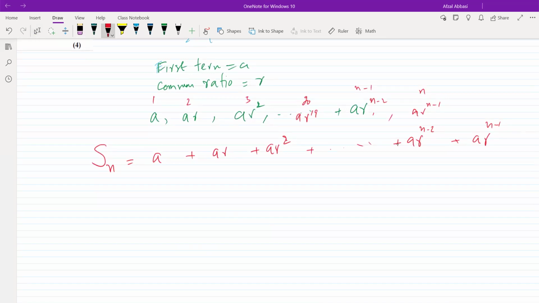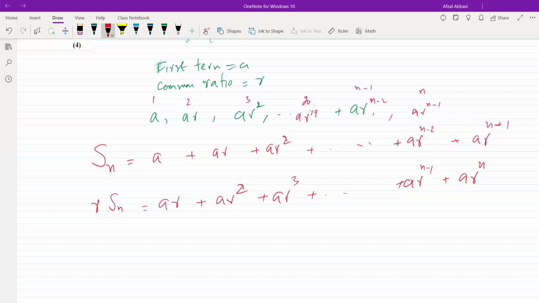On the left side, we get r times Sn. On the right side, every term is multiplied by r. We get ar, ar squared, ar cubed, and so on, up to ar^(n-1). When you add 1 to this, n minus 2 plus 1 becomes n minus 1. And lastly, ar^(n-1) times r becomes ar^n.